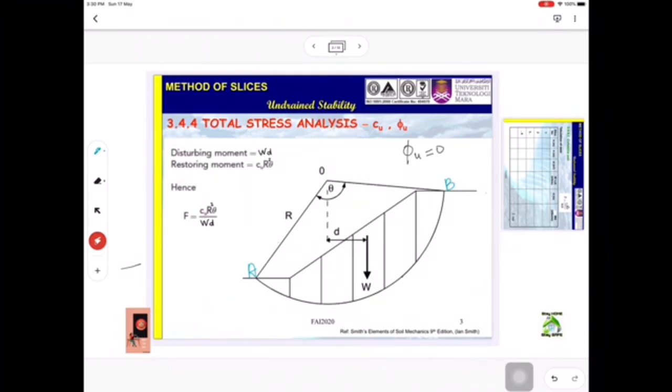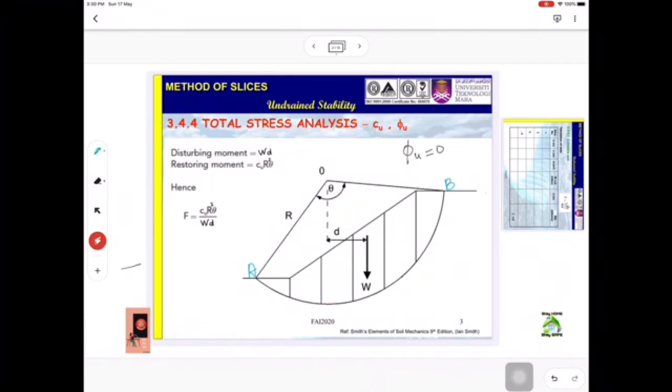Normally the slices are divided with the same width B. If each slice has the same B, each slice will have a W.